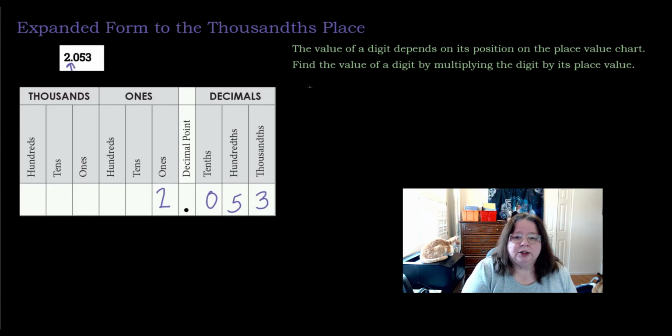Well, let's look at the 2. 2 times 1, because that's the ones place. So 2 times 1, and we know that equals 2, plus how many tenths? 0. So 0 times 1/10. Let's make that into an x so it's a little bit more clear.